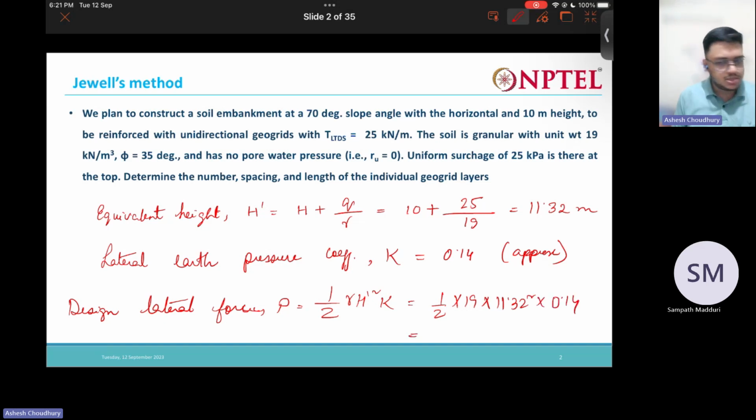How much will it be? It is 170.43 kilonewton per meter.